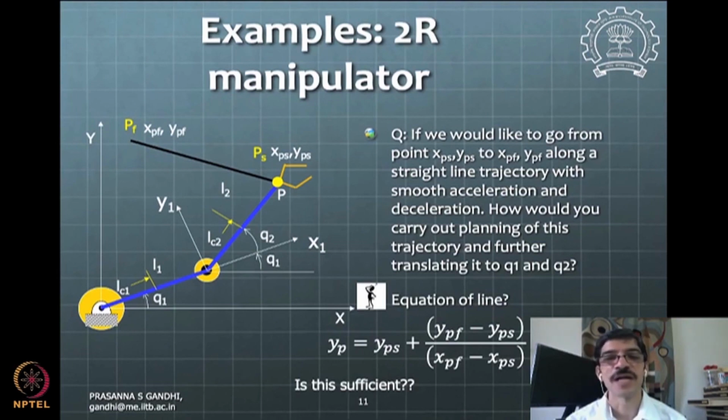What should the desired xp be, so that I go from this point to this point in some time t, say 5 seconds? In 5 seconds I want to go from this point to this point, and I know these coordinates, so how do I plan for this kind of trajectory?